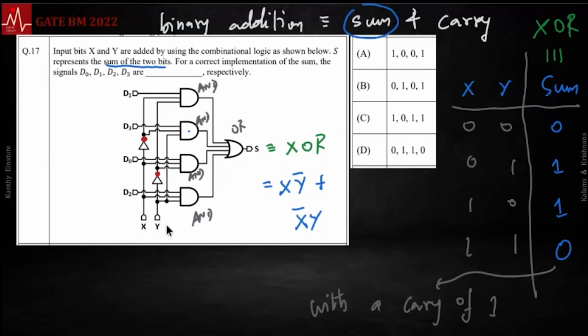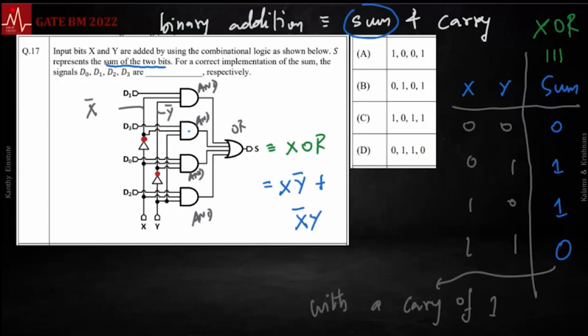I have x, y, and then I'm taking the complement of x and feeding it here. What I am sending here, there are three inputs an AND can have. This is x bar, and this is y bar.